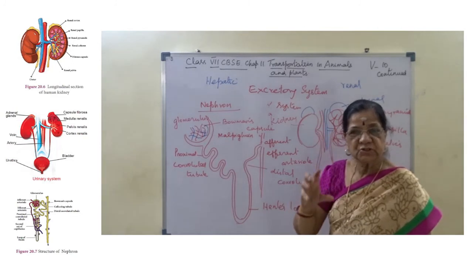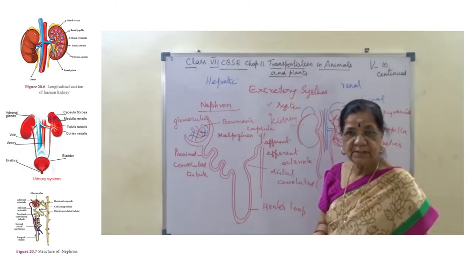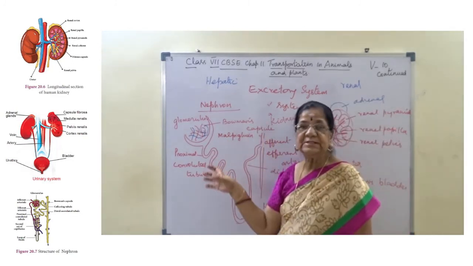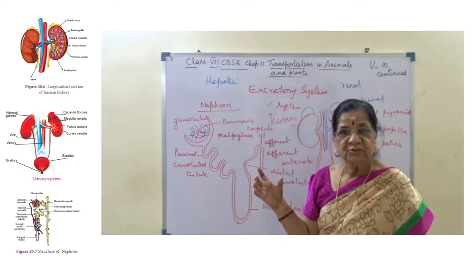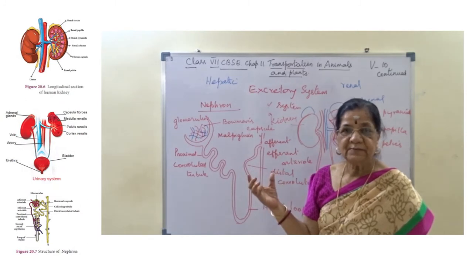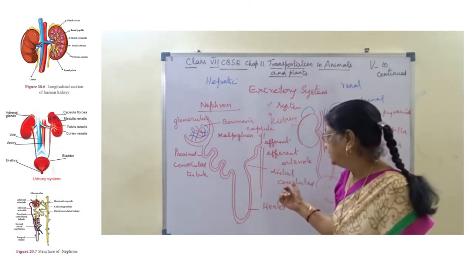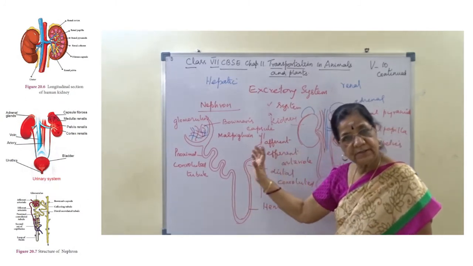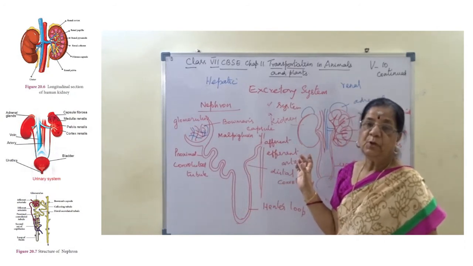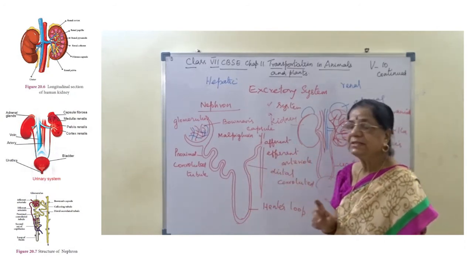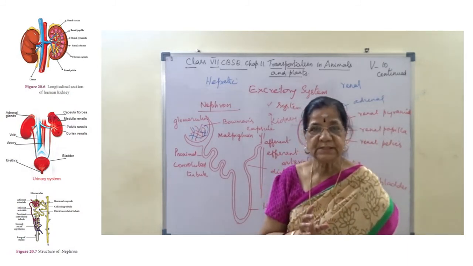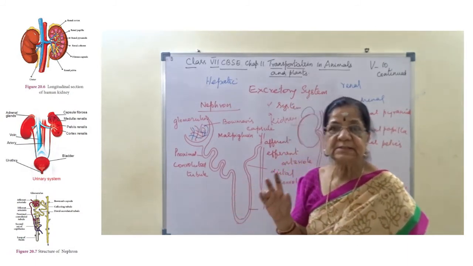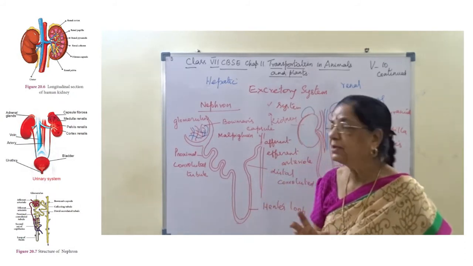When it is towards the Bowman's capsule, I get the proximal end, so it is called proximal convoluted tubule. When the tubule is again convoluted away from the Bowman's capsule, it is known as distal convoluted tubule. I hope you understand. So this is the structure of the nephron.